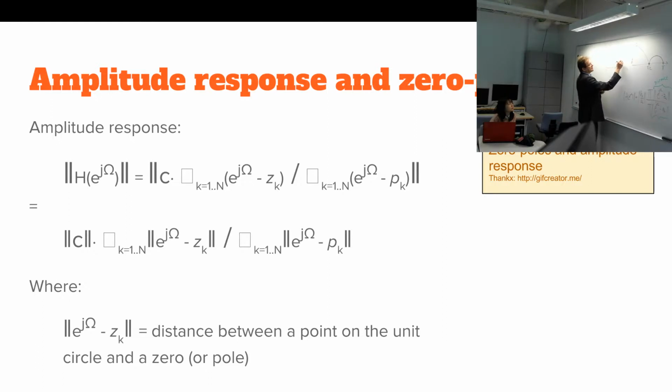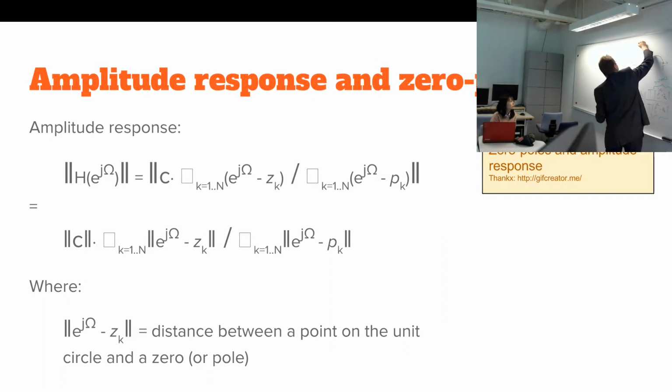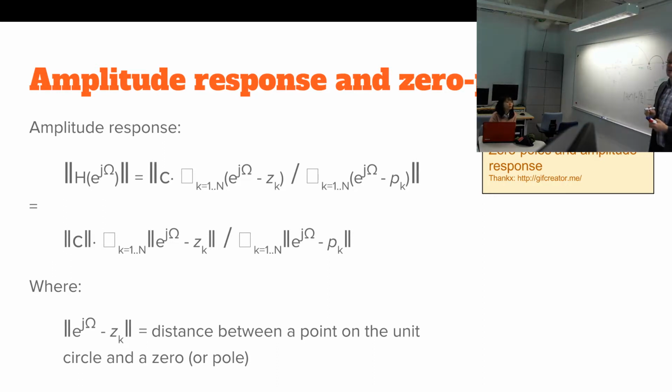So that distance, e to j omega p1, is at the minimum. And when the denominator goes to minimum, what does it mean for this function? It has to go up, yes. So basically on that angle, omega p1, we get some amplification.